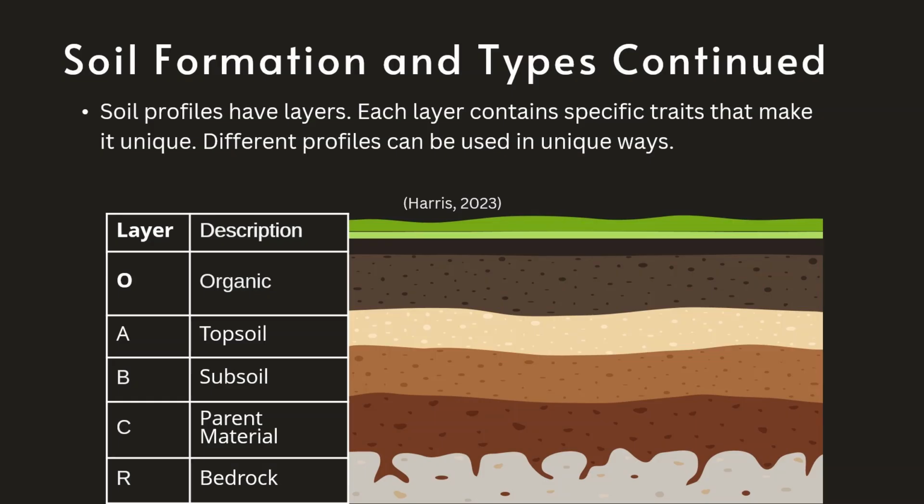Each layer has a role in holding water, storing nutrients, and supporting roots. Because this formation occurs slowly, soil is best treated like a living, limited resource that we have to protect, not just some medium we can replace every season, like we would in a raised flower bed.